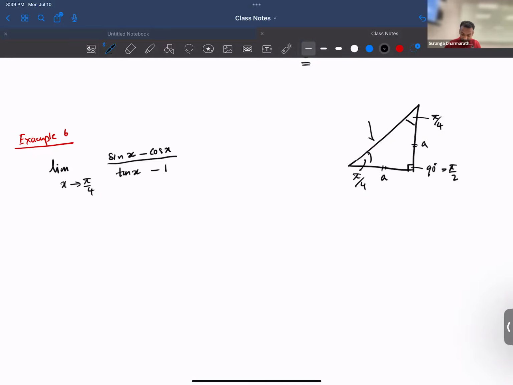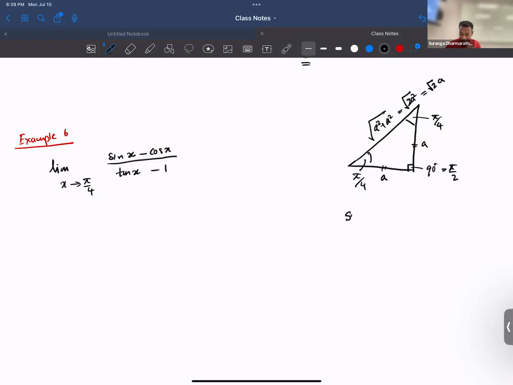This is A squared plus A squared. Are you with me? That is 2 times A squared, and the square root of that is square root of 2 times A. Make sense? Right?